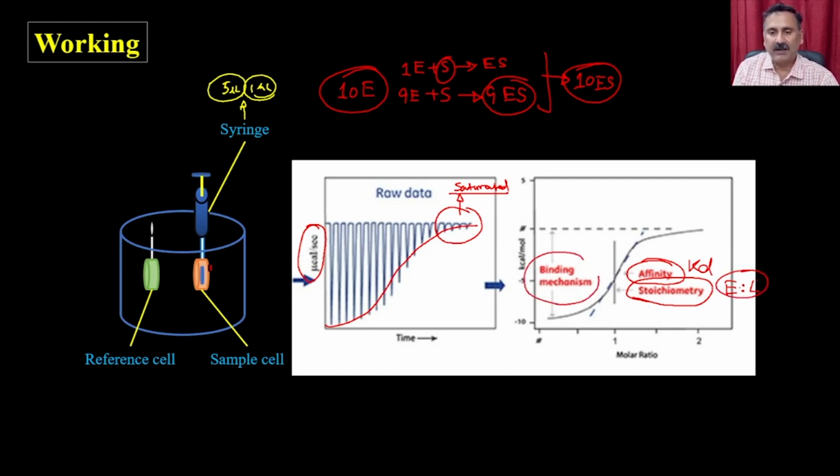And then you can also say whether the binding mechanism is exothermic or endothermic. All this information you can get, and whether it is a sequential binding or a non-sequential binding.